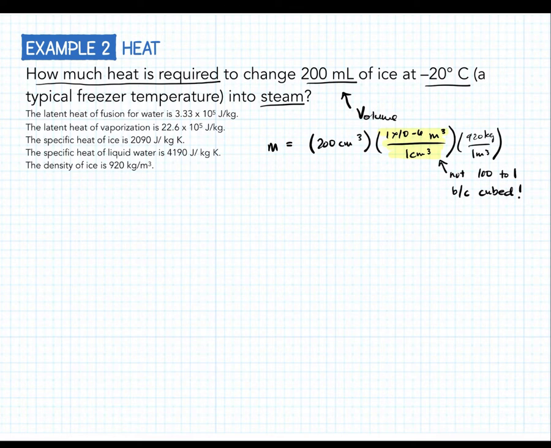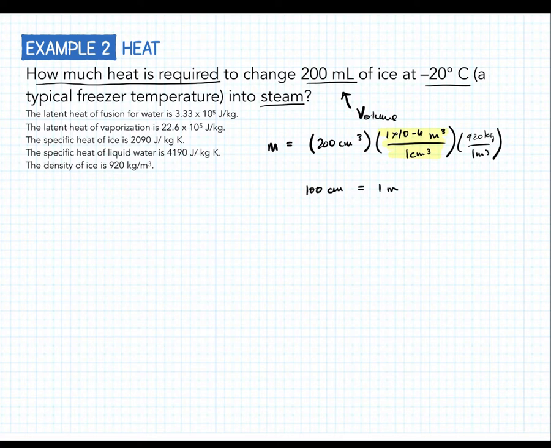How many cubic centimeters are in a cubic meter? Do not say 100. How many centimeters cubed are in a meter cubed? Yeah, 1,000,000. Do you want to know why? If you just have one-dimensional things, like a length, 100 centimeters is equal to 1 meter.